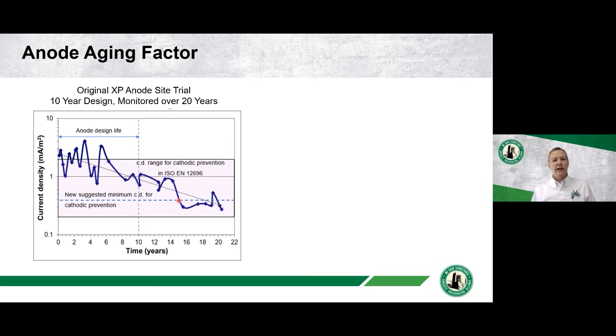And if you plot the current versus time, but instead of on a linear scale, you plot it on a log scale, you'll tend to have either a straight line or a very close to straight line behavior. And that's because the reduction that you're seeing in current over time is an exponential reduction. And so when you plot it on a log curve, it basically tends to come out to be a straight line like this.